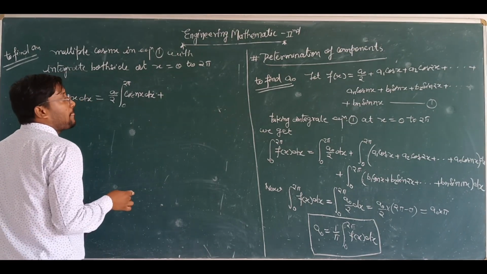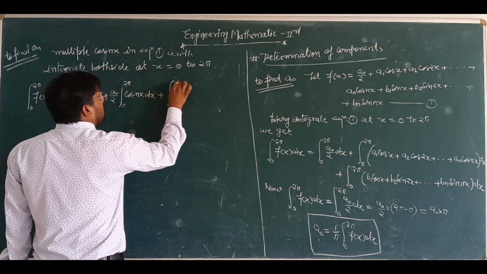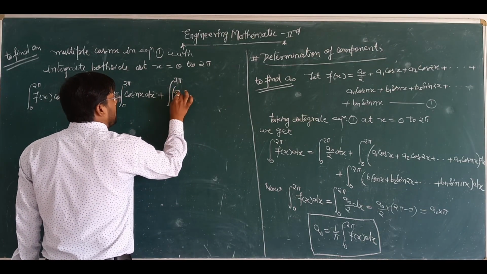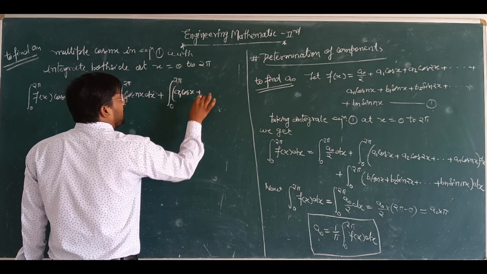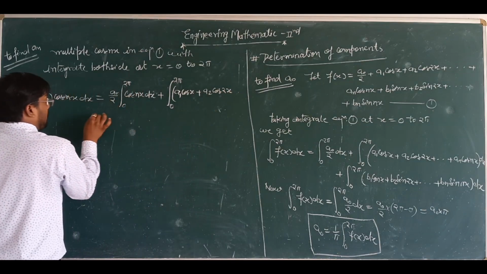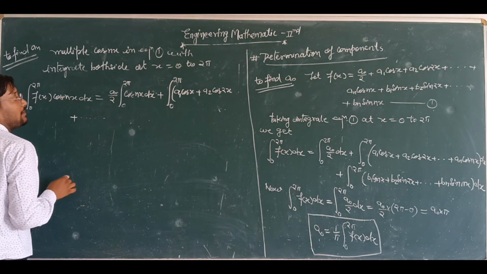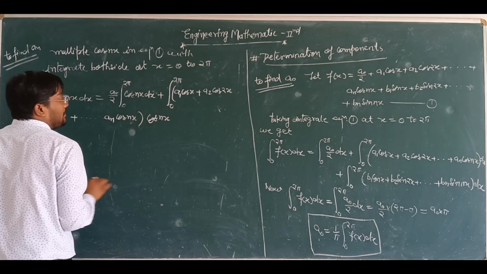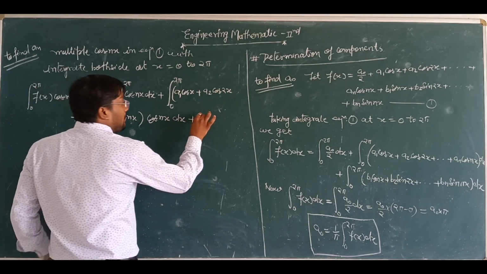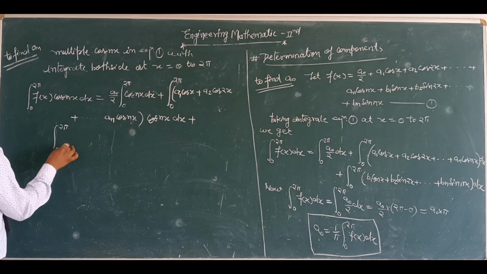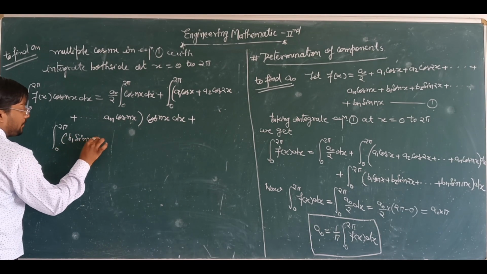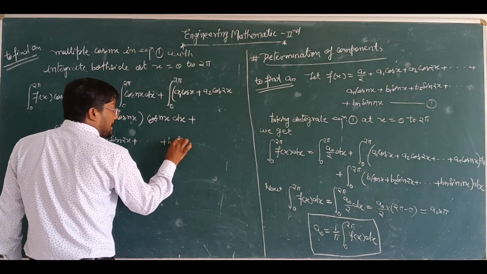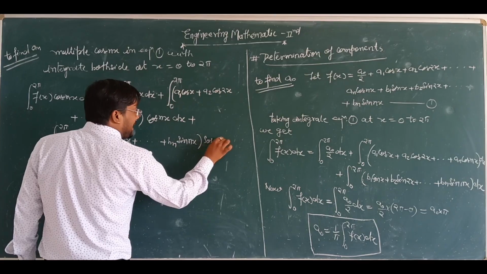Now again you can write plus integration 0 to 2 pi of a1 cos x plus a2 cos 2x plus and so on plus an cos nx, multiplied by cos nx dx, plus integration of 0 to 2 pi of b1 sin x plus b2 sin 2x plus and so on plus bn sin nx cos nx into dx.